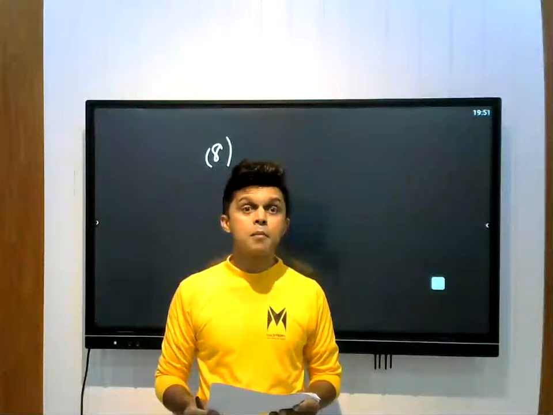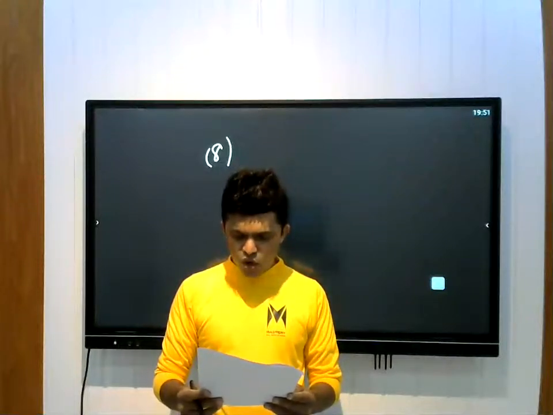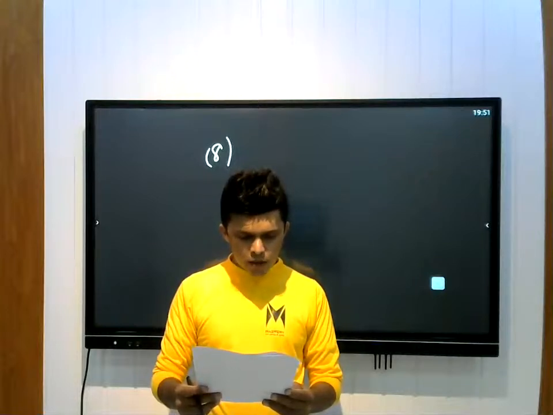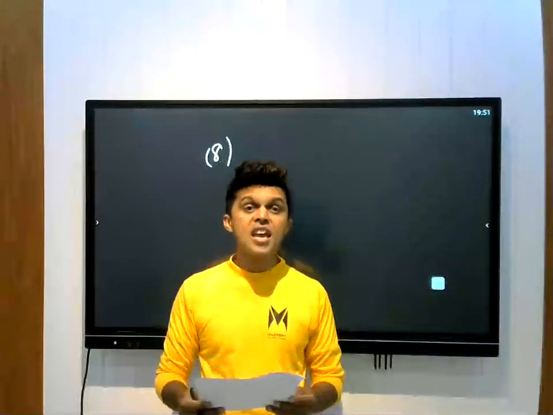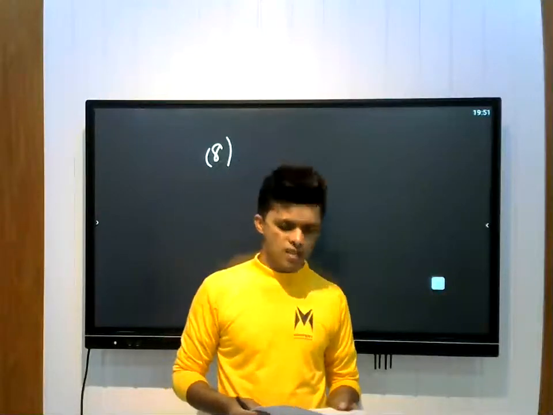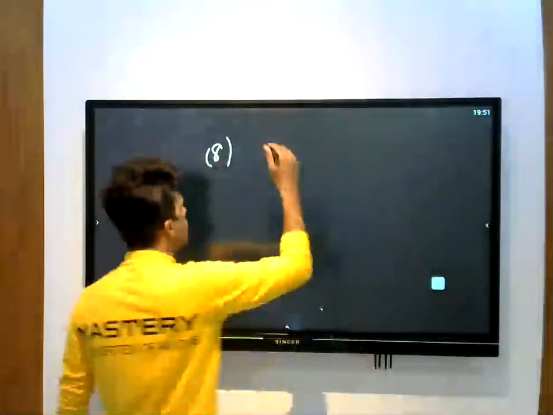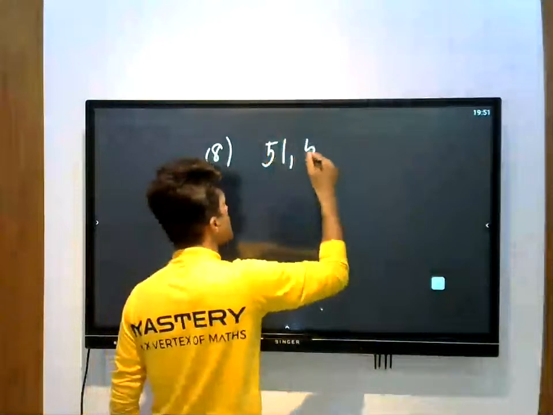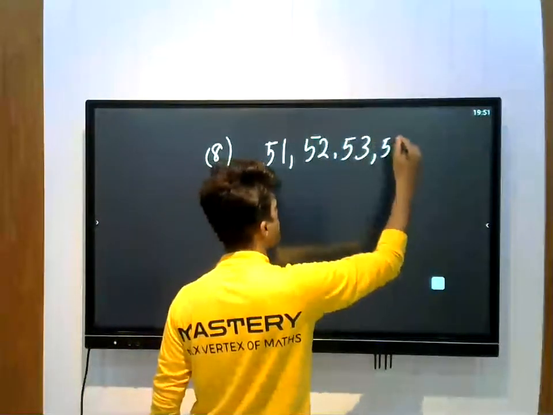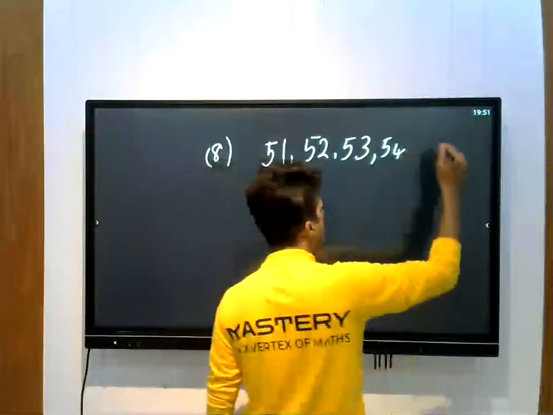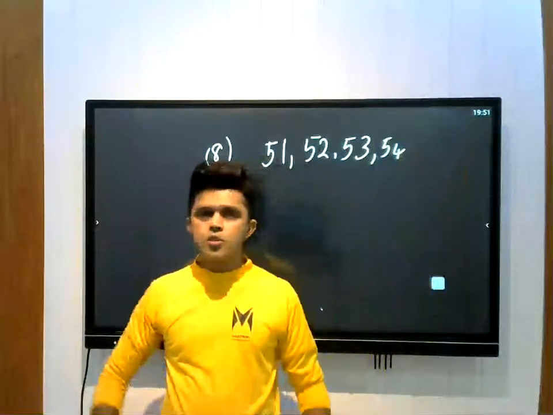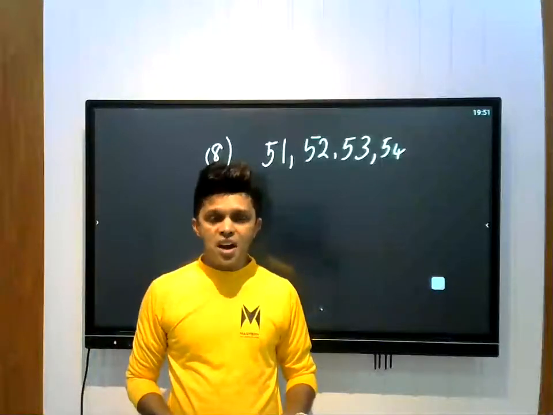When she rounds off her mathematics marks to the nearest 10, she got 50. Find the highest and the lowest mark that she can obtain. These are the marks that she can get: 51, 52, 53, 54. Are we able to write 55?